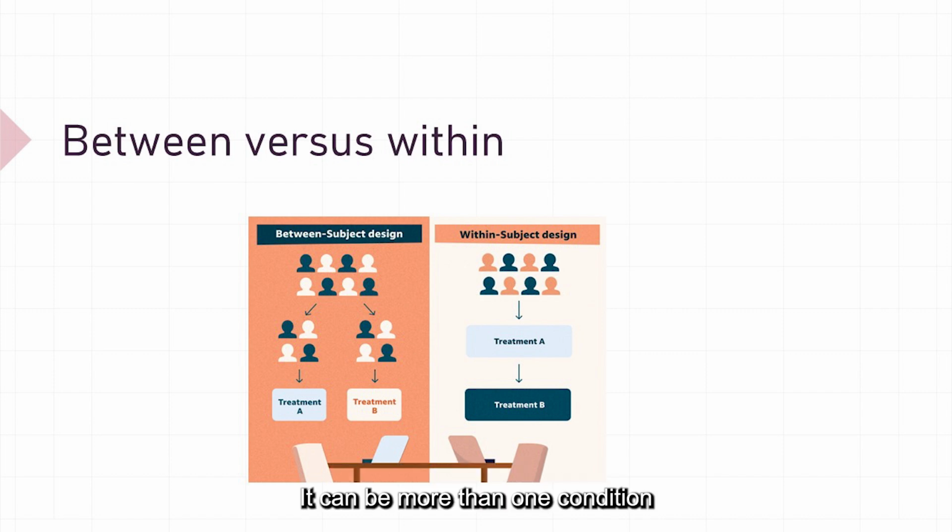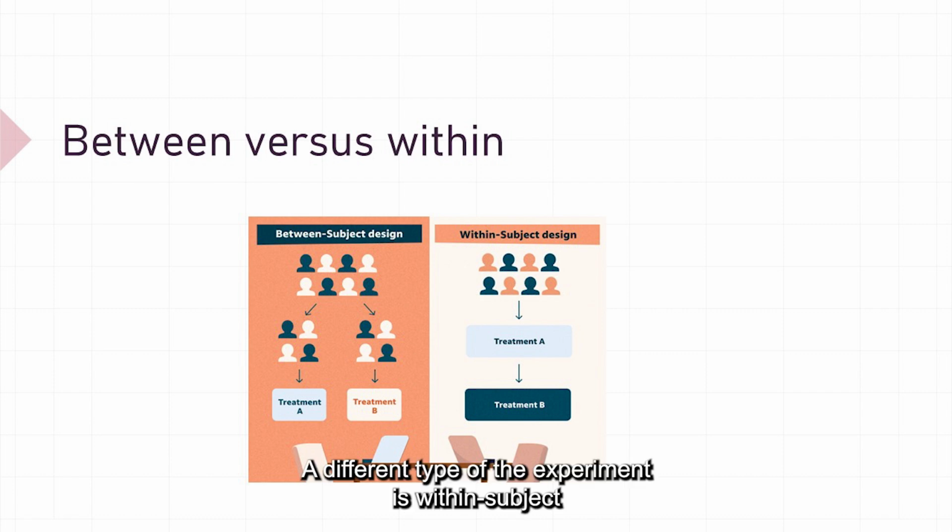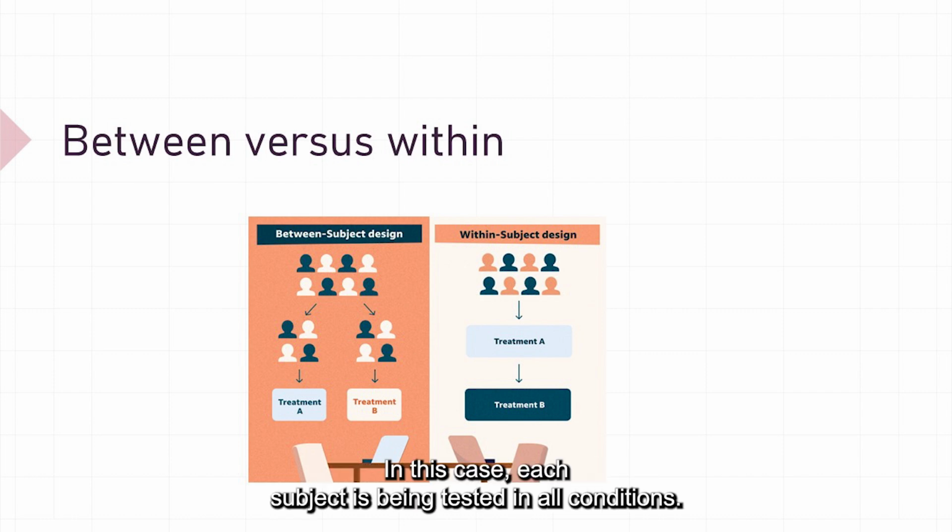It can be more than one condition in these experiments, but each subject can be assigned to only one of them. A different type of the experiment is a within design experiment. In this case, each subject is being tested in all conditions.